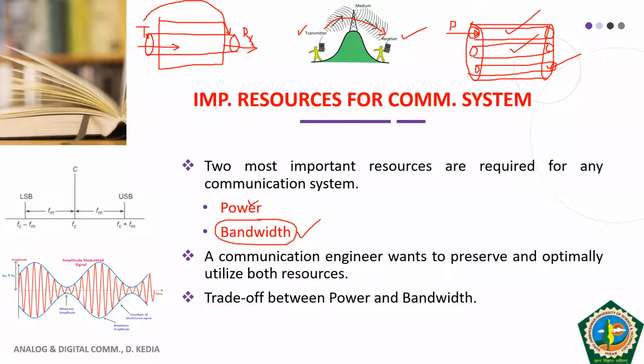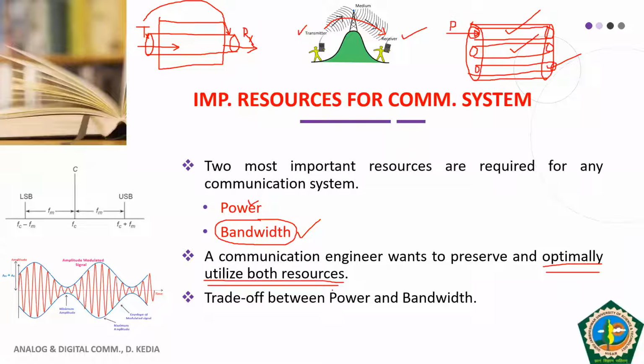Okay, we know the significance of battery power. We know how we save our mobile battery power when it reaches a critical level. How carefully we use our mobile in case less power is left in our mobile battery. Okay, so obviously we want to preserve power as well as bandwidth. Okay, for a communication engineer, we have to optimally utilize both these resources, because both resources come at a premium.